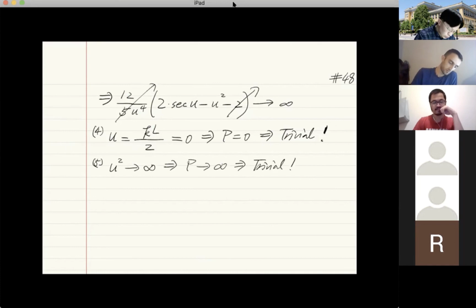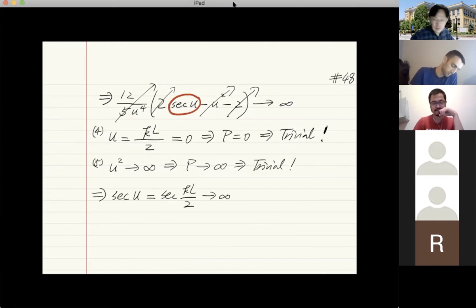So this thing is also gone. That leaves us with only one term, which is 2 times second square. And 2, of course, is a constant. You can also drop it out. That means we only need to look at second U. So our only hope is to see if second U, or you can call it second K over 2, can this be approached to infinity?